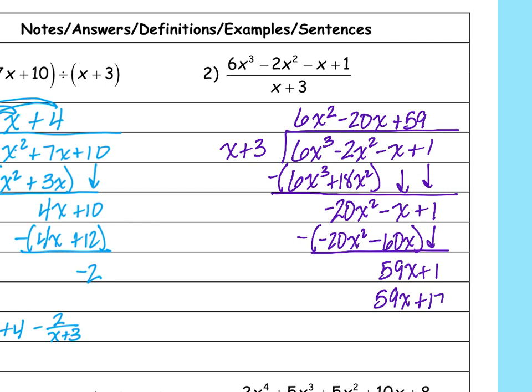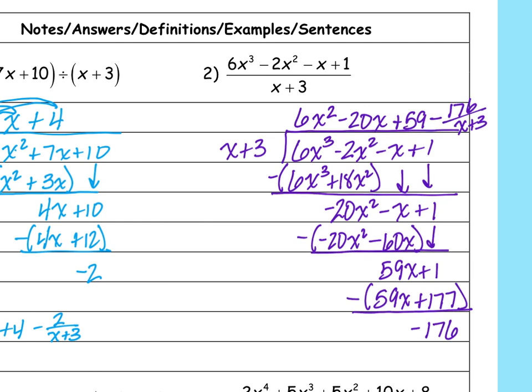Okay, I was close. So 59x minus 59x is 0. And 1 minus 177 is minus 176. And so with my remainder, I put minus 176 divided by x plus 3.